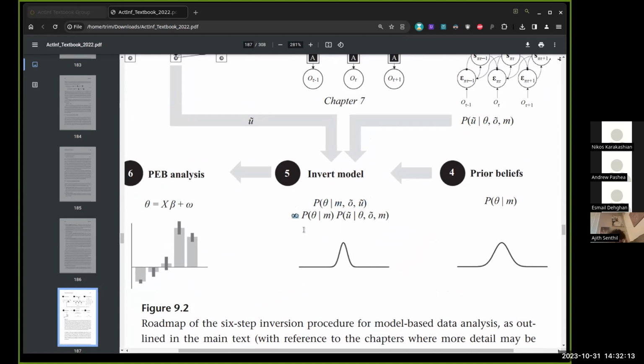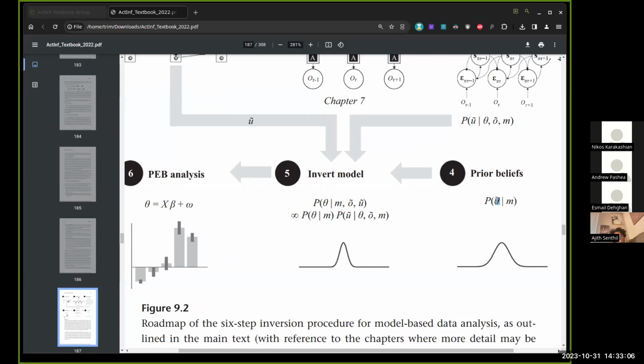That is proportional to, so it might be off by a multiplier, but it's monotonically proportional to a factorized disassembly, which is the parameters given the model, which is something that can be taken off, multiplied by exactly what we have here: P of U tilde conditioned upon theta, observations in M. Now, we can specify our prior beliefs on this left side, because this is basically our beliefs about theta given the model.